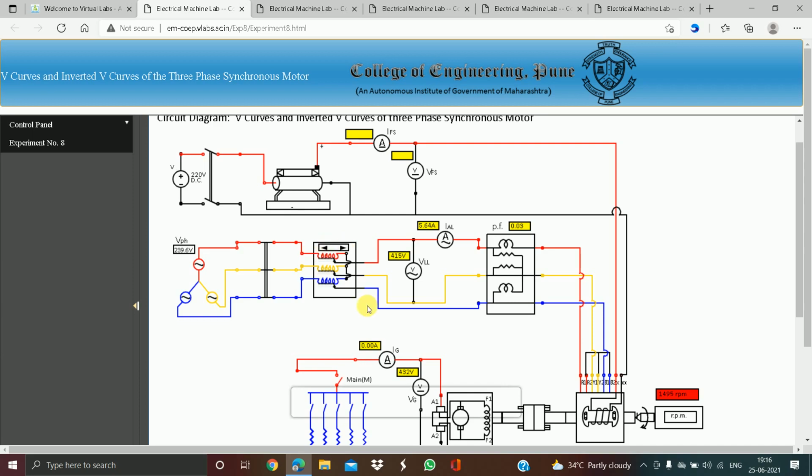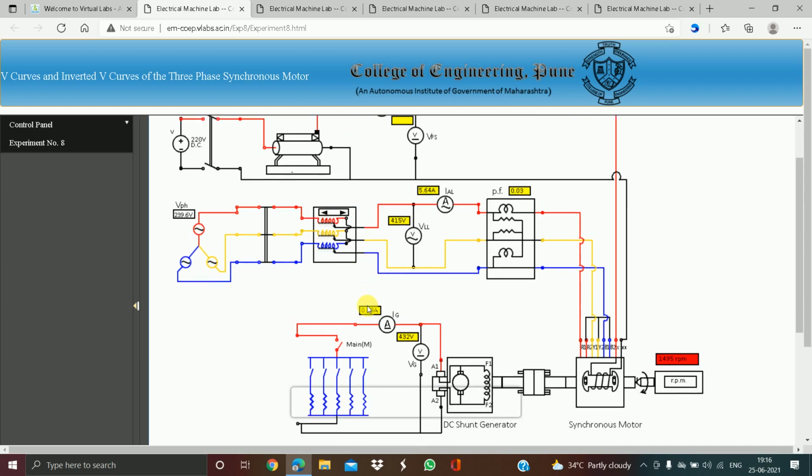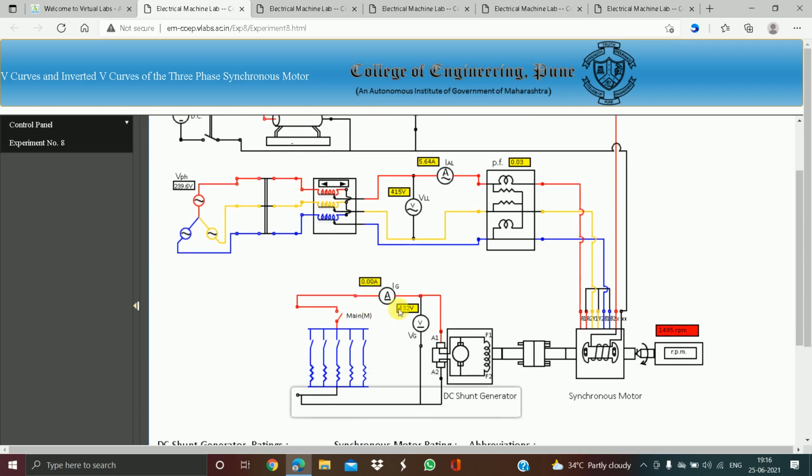So we have set the rated voltage, and you can see here the current in the load is 0 because it is open circuited, due to which there will be no current in this load.